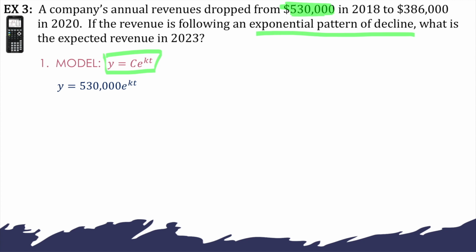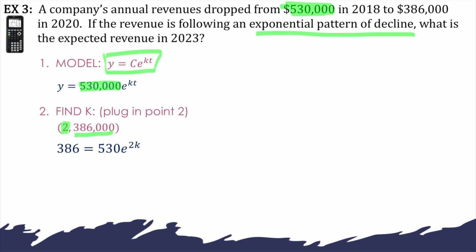Our starting time is 2018. Our initial value is $530,000, so I've plugged that right in here for c. Now we can find k by plugging in our second point, which is 2 years later, in 2020, the revenues were $386,000.